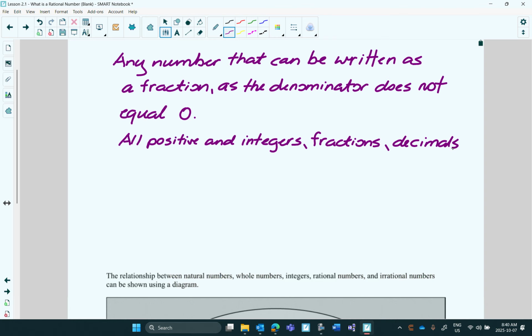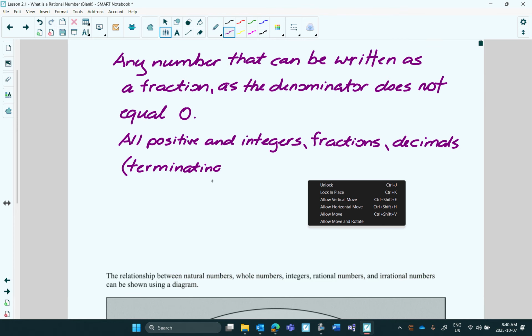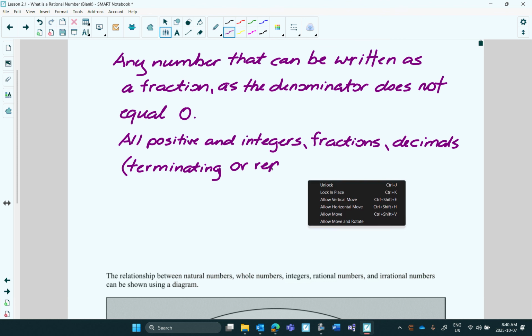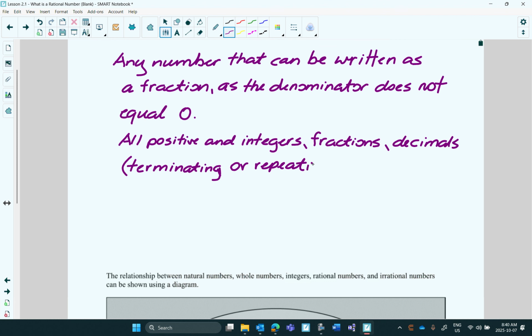And for decimals, only the decimals that terminate, meaning they end like 0.5 and it stops, or repeating. Like 1.3 repeating. All of those are rational numbers because we can write all of those as fractions.